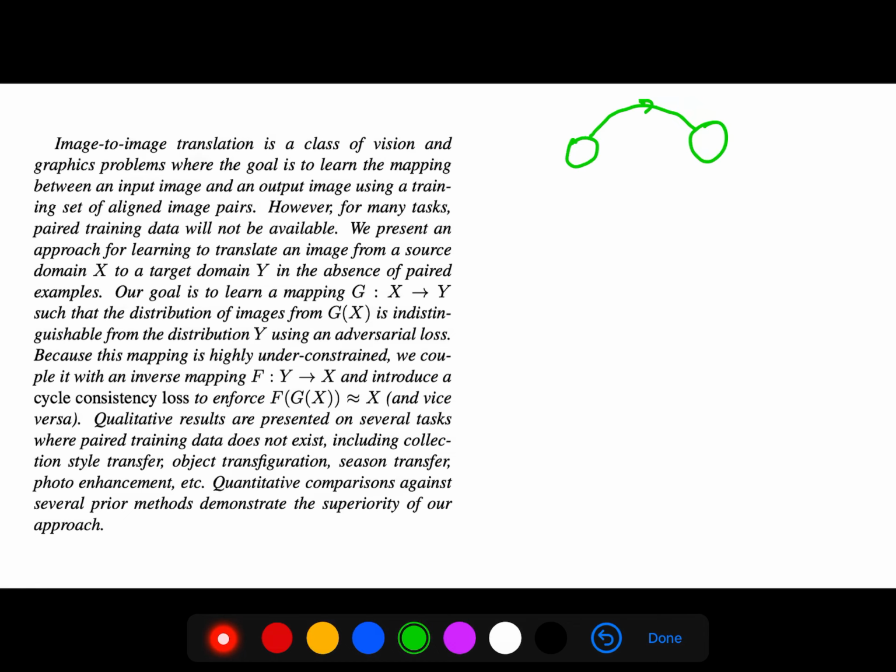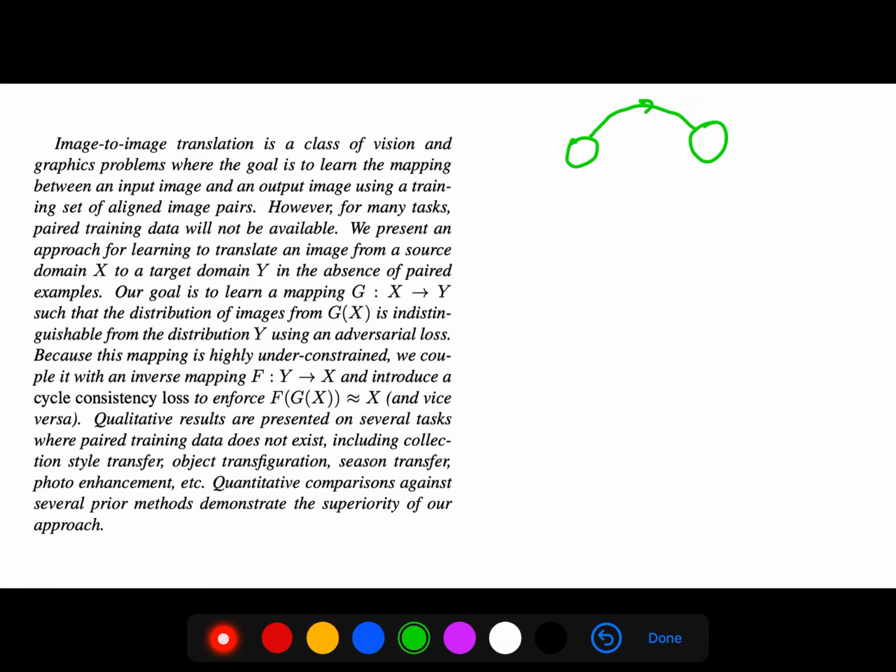Our goal is to learn a mapping G such that the distribution of images from G of X is indistinguishable from the distribution Y using an adversarial loss.